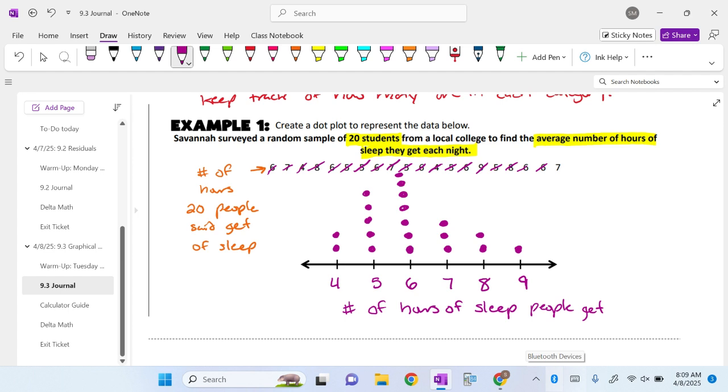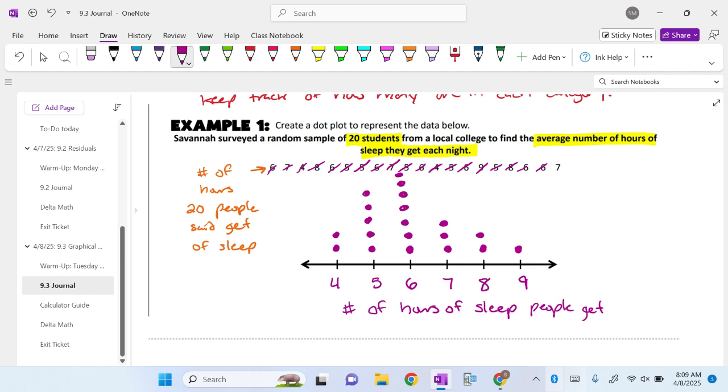Now, your dot plot is a really good indicator of, one, what was the most common answer. Two, it makes it easier to find things like your median and your mean because it's now all in order. All right, so let's answer some questions about it.